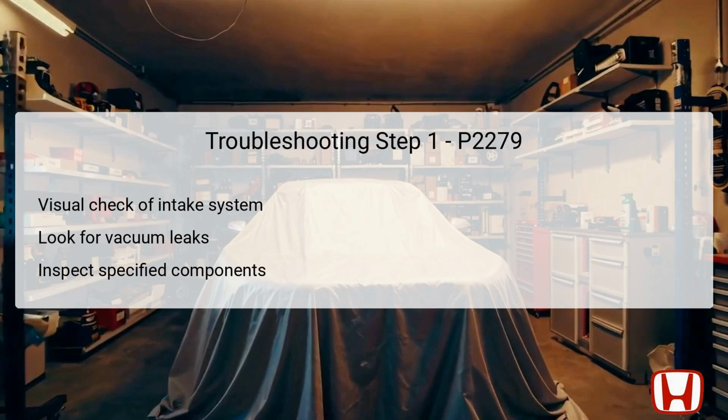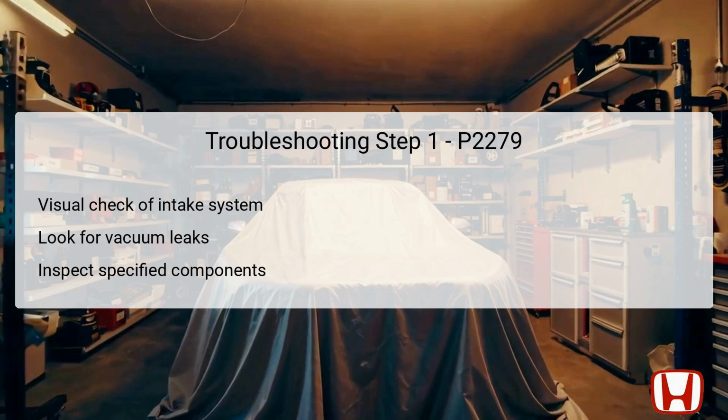The first troubleshooting step for DTC P2279 involves conducting a thorough visual check of the intake air system. Begin by examining critical components, including the PCV valve, PCV hose, and the purge control solenoid PCS line for any visible signs of wear or damage.